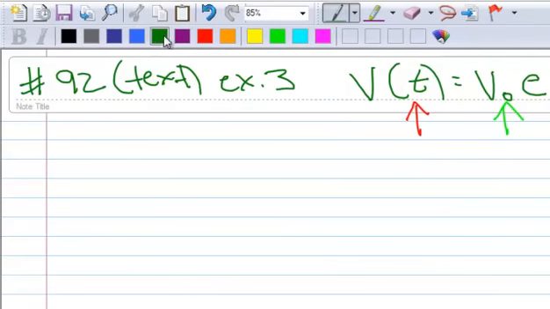So part A says the voltage decreases by 85% in 5 milliseconds. So if I have 100% of the voltage, think of a battery, which contains electricity or can power electricity.